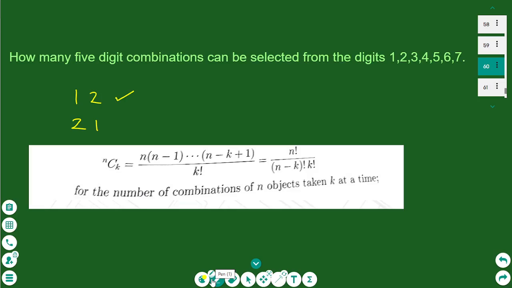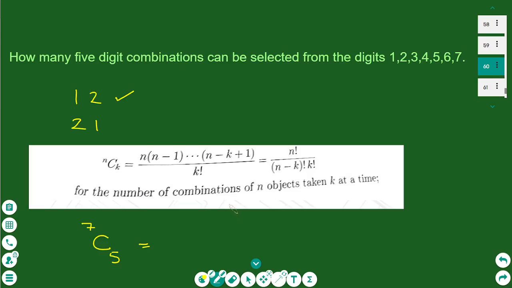So the C(7, 5), because in total we have 7 digits, 7 options, and we want to have 5 digits. So n is 7, k is 5, and we use this fraction, which is n factorial over n minus k factorial times k factorial.